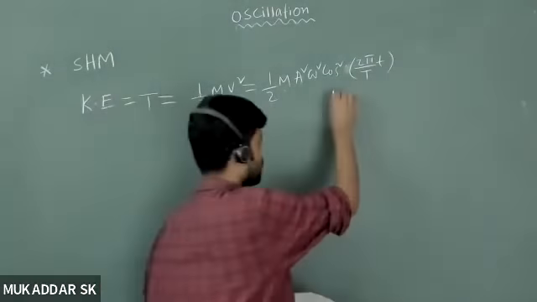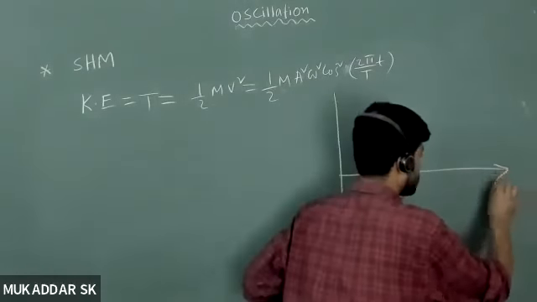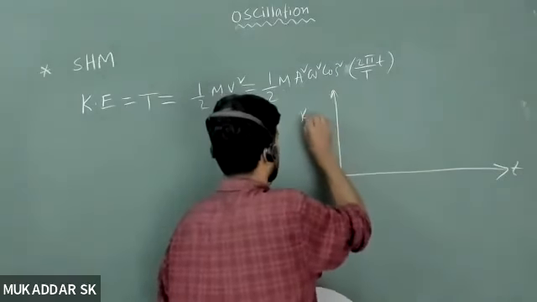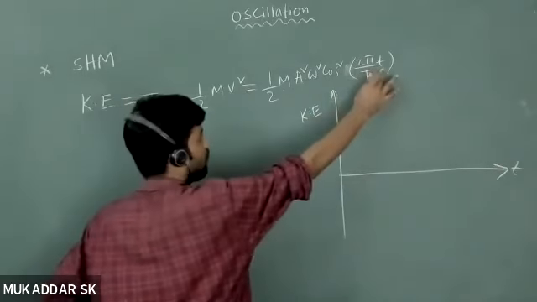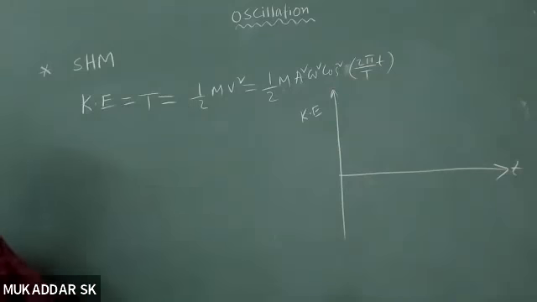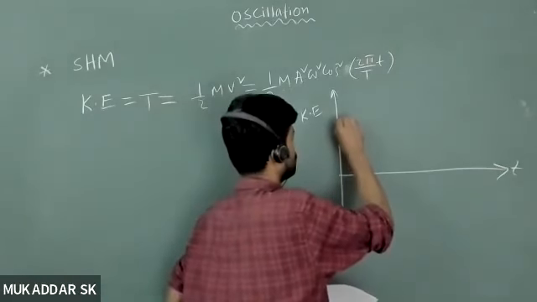So if you plot this as a function of time, when t is 0, you will have maximum kinetic energy, and it is obvious because your oscillator is at mean position.